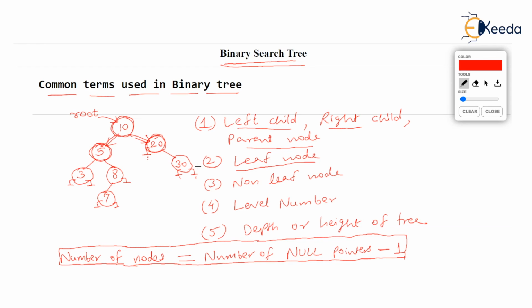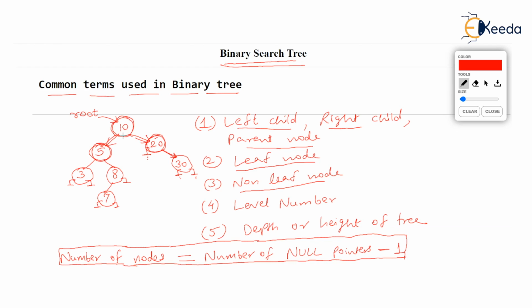But watch, 20 is not a leaf. Such nodes are called non-leaf. Now, what is a non-leaf node? We say a node is non-leaf if it has at least one child. Notice at least one child means 20 is a node which has at least a right child, isn't it? I agree it does not have a left child, but it has at least one child, so 20 is a non-leaf. What about 10? 10 has at least one child.